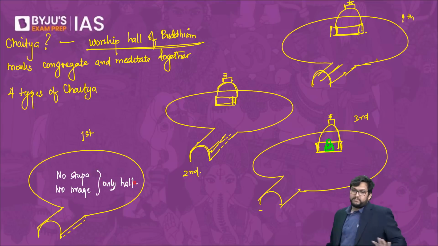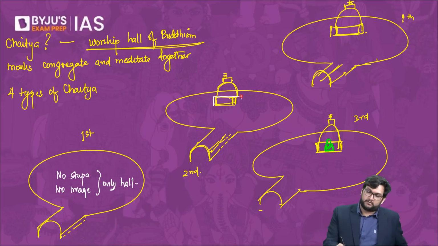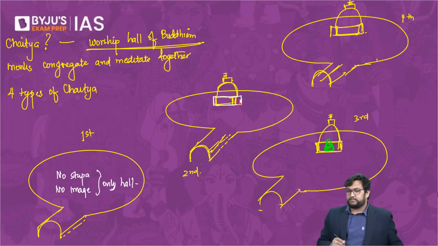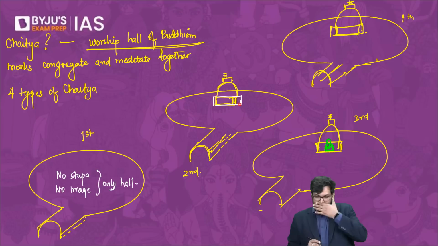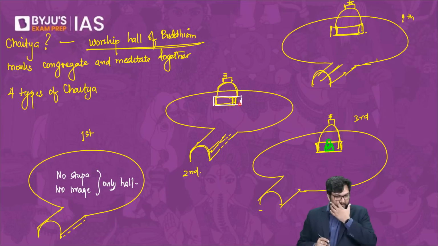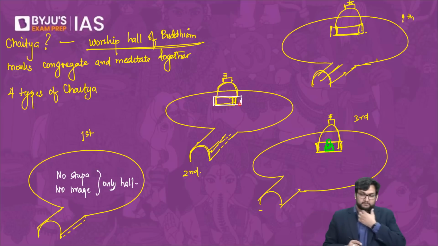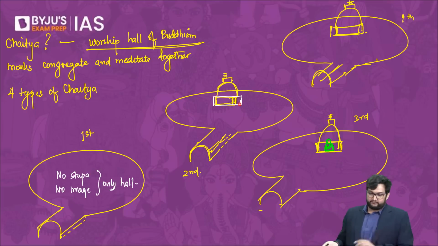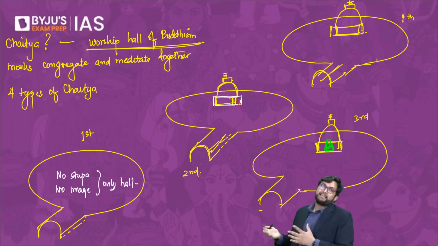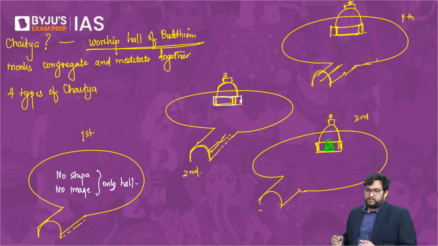What does stupa represent? It represents Buddha. Stupa equals Buddha. If it is the relics of Buddha, it is Buddha. Stupa is equal to Buddha. In a way, that is the exact thing. Buddha and his relics.